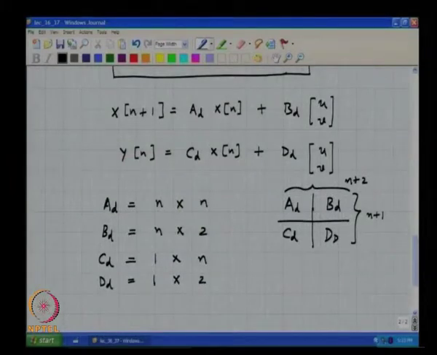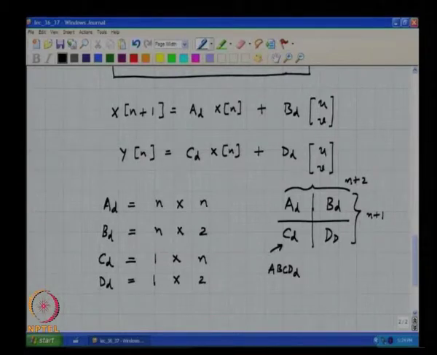And if you know the order of the system, given this composite matrix AD, BD, CD and DD, or if I call this A, B, C, D sub D, and if I know the order of the system, then I can find everything, right. You understand. So, this is a useful way of passing A, B, C and D as one matrix rather than 4 matrices. Anyway, this is an aside.